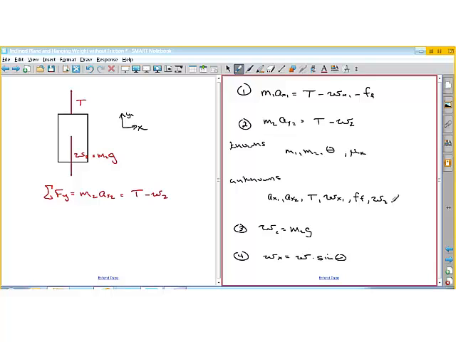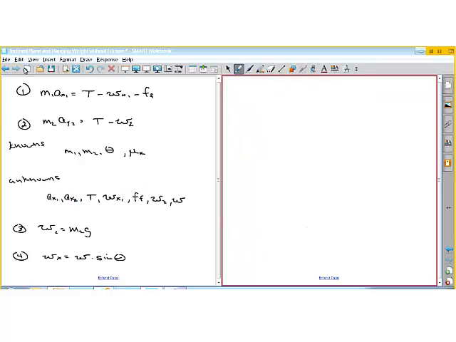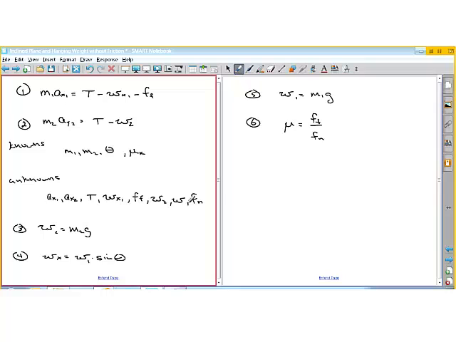But that introduced another unknown, so I'll write that down. So now we need 7 equations. W1 is equal to M1 times G. Now we have the friction equation, which says that the coefficient of friction is the ratio of these two. Oh, got another unknown here.